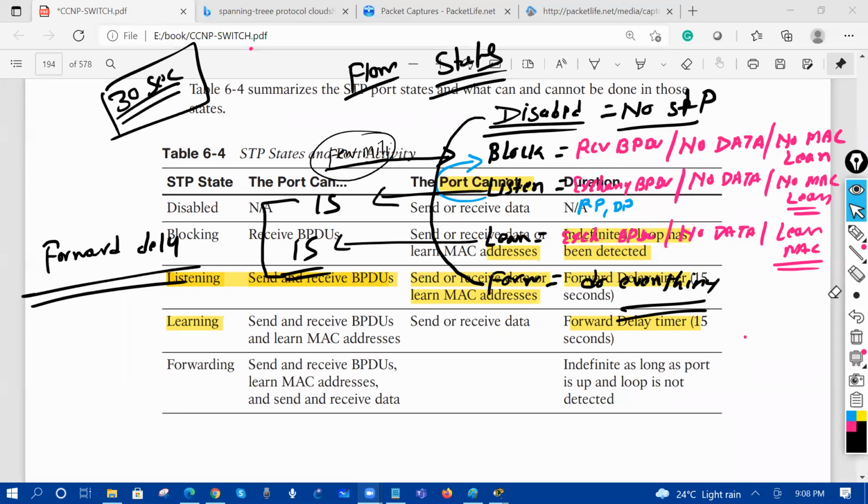In 30 seconds, you have 30,000 milliseconds. For normal voice and video traffic, the recommended delay is 150 milliseconds. So can you imagine how many packets the switches are going to drop?